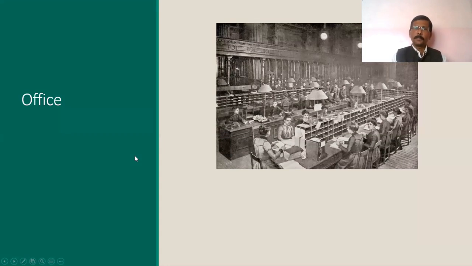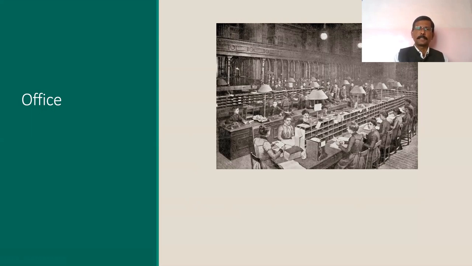Now, see the picture here. It belongs to the early 20th century, what we can say a mid 20th century office in Britain. All people are sitting at a particular place. Especially, it is a post office. Now, in those days, what exactly were the services provided by the post office?